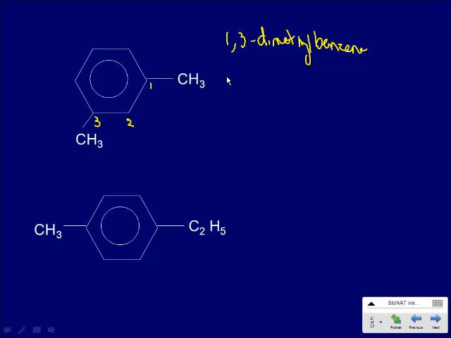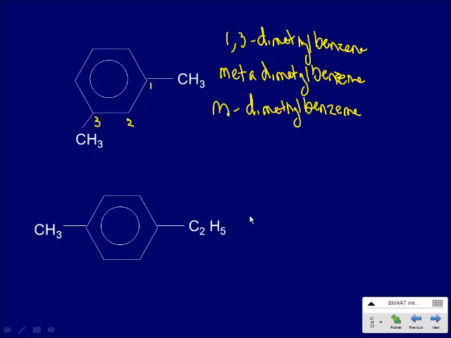And again, I use meta, starting with an M, means middle. That's the way I remember it, meta. So this is meta dimethylbenzene. Oops, dropped the Z. Zine. Meta dimethylbenzene, or M-dimethylbenzene.